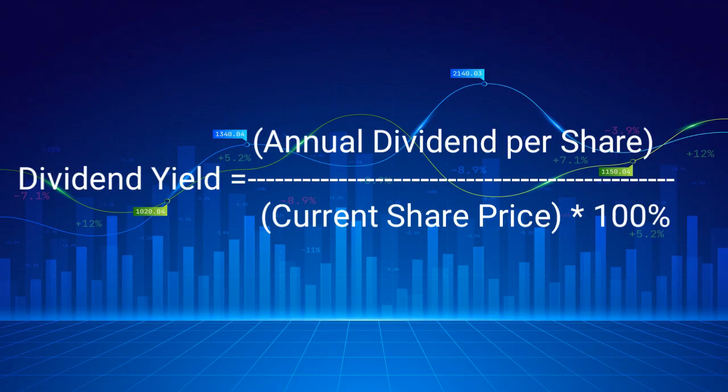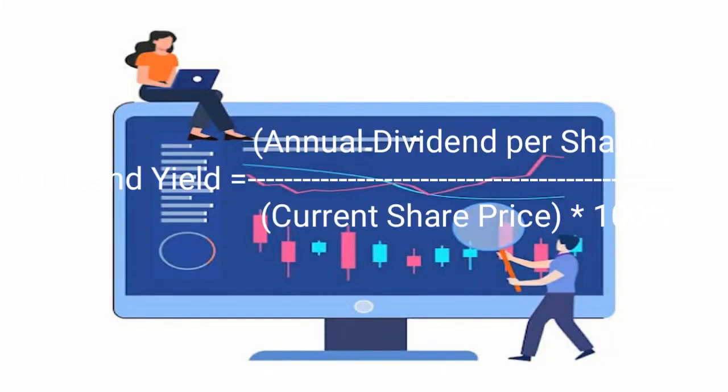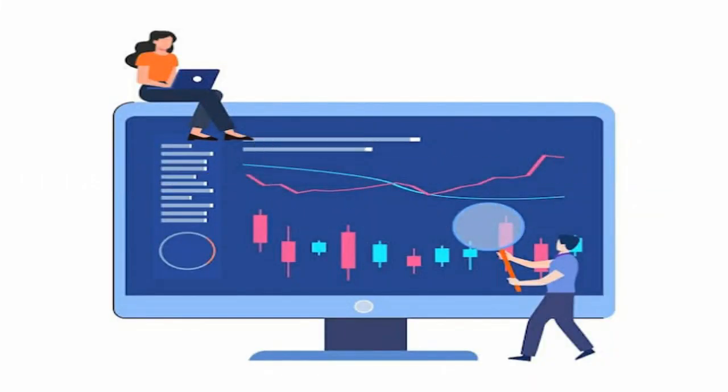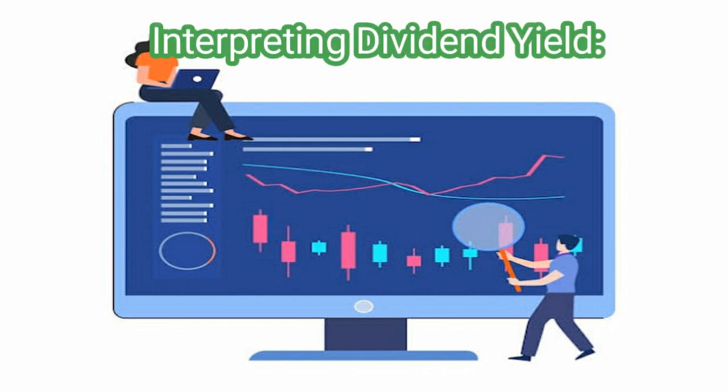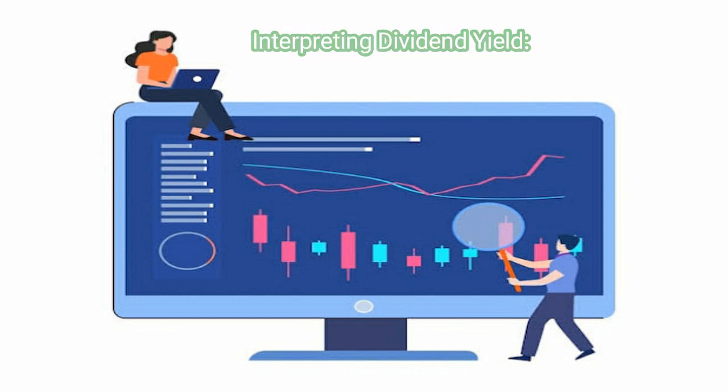This means that for every $50 invested in this company's stock, you would receive $1 in annual dividends. Interpreting dividend yield. A higher dividend yield generally indicates a higher payout relative to the stock price.